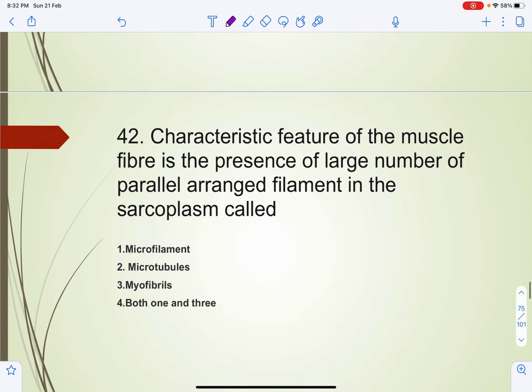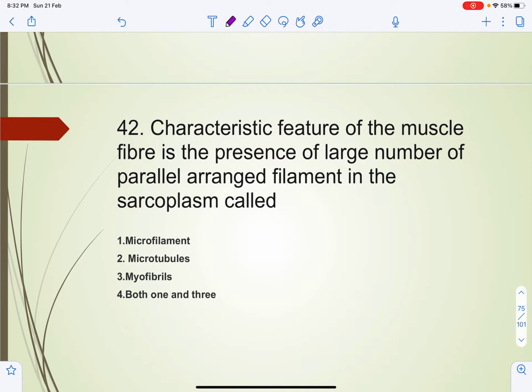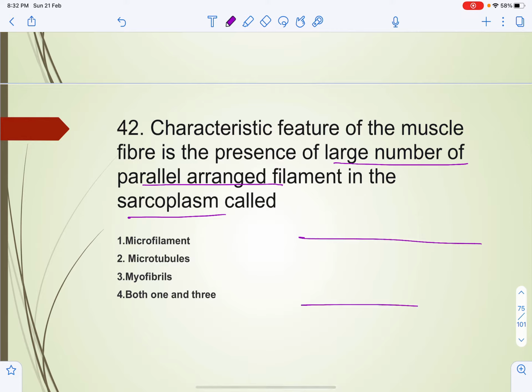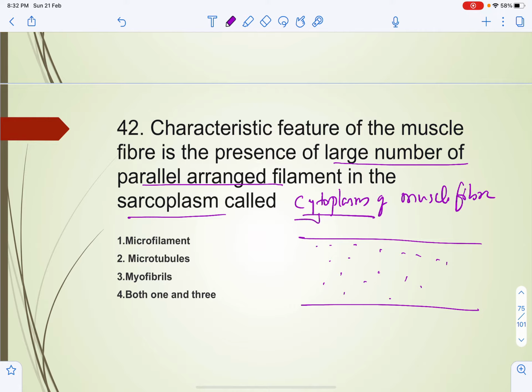Next, the 42nd question: the characteristic feature of muscle fiber is the presence of a large number of parallelly arranged filaments in the sarcoplasm. This is a muscle fiber. The cytoplasm of the muscle fiber is called sarcoplasm.